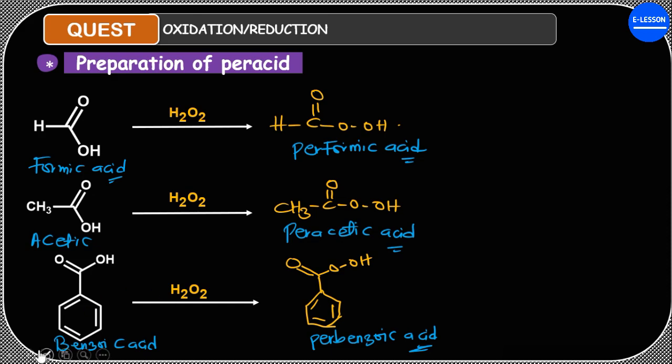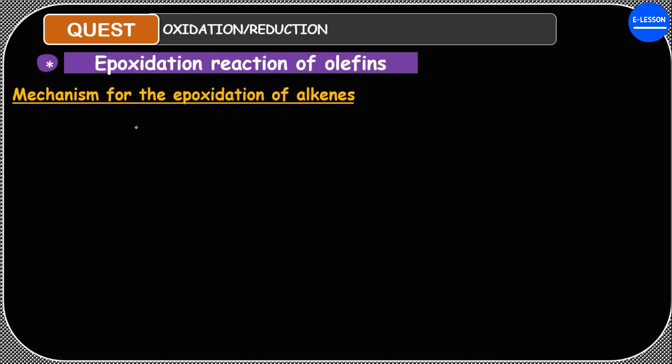All right, so let us look at the mechanism of epoxidation of alkene. That is how these alkenes are converted to epoxide. So this is this, and then you have the acid, the peroxy acid. Now we are going to use the general form of the peroxy acid, which is something like this: oxygen, and then here is carbon, double bond O, and then you have arrow.